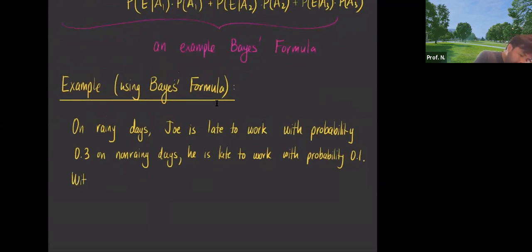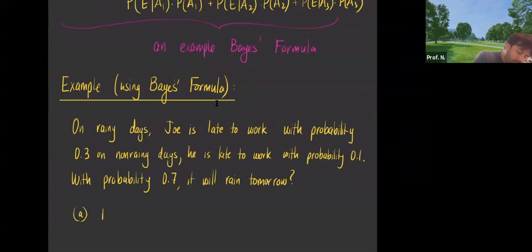With probability 0.7, it will rain tomorrow. So the question is, part A, find the probability that Joe is early tomorrow.